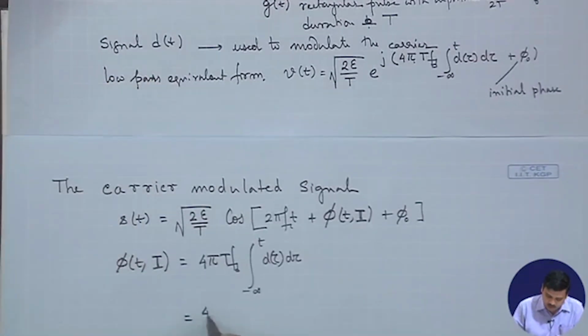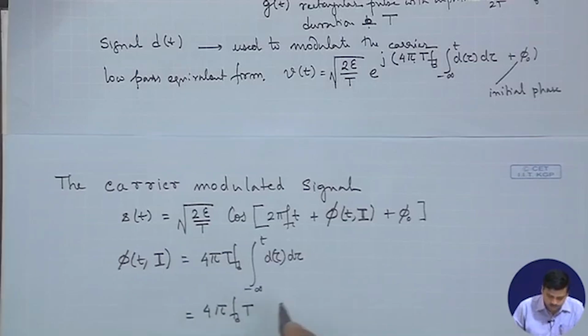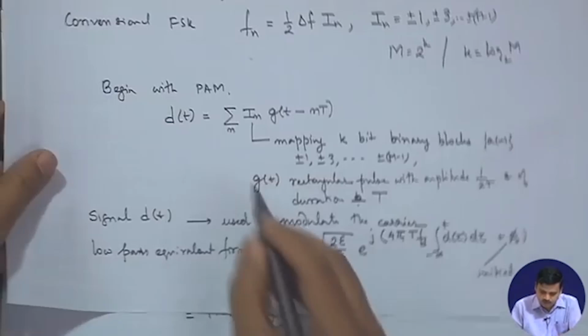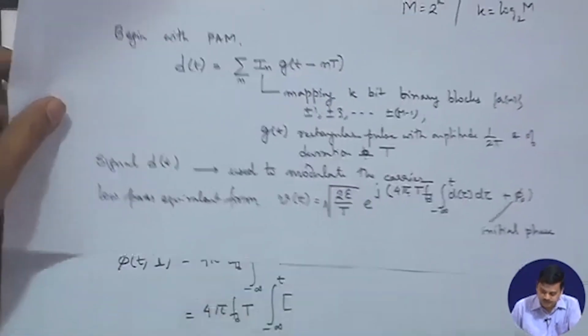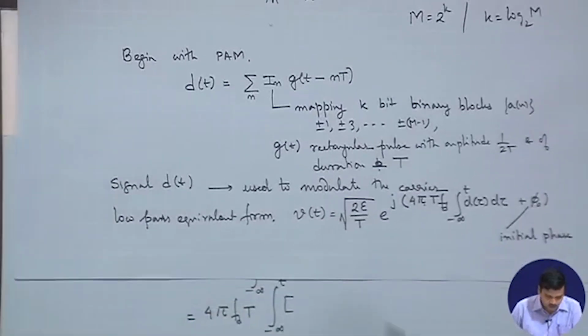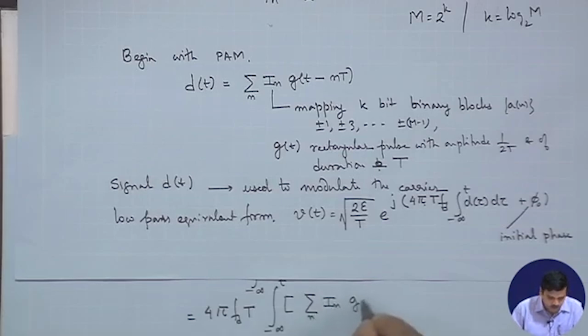This is 4 pi f_d T, and then you have the integral minus infinity to t. We are going to replace this with the expression that we had written earlier. So, you are going to have summation I_n, summation over n g of tau minus nT d tau.